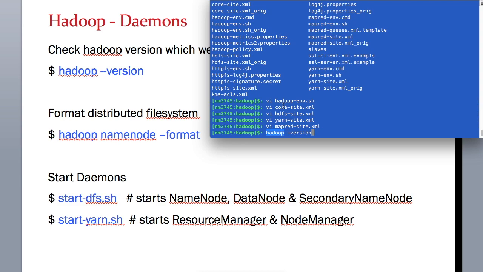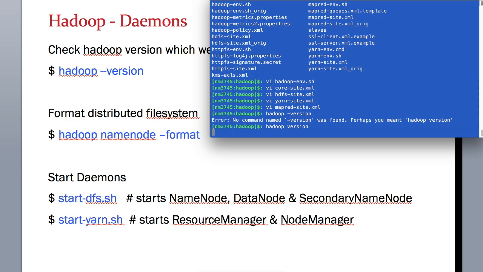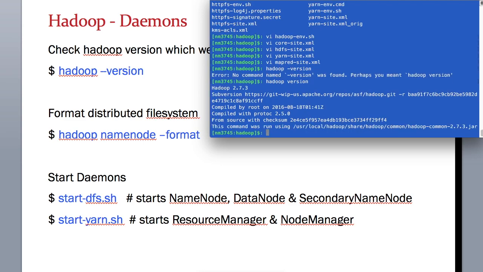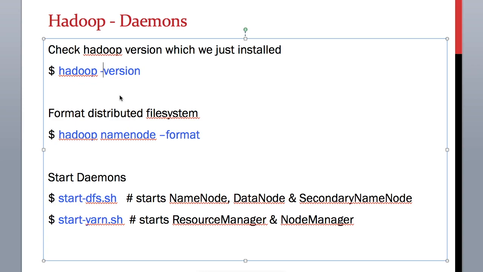So just type Hadoop minus version and it will give you, oops, I think it's just version. All right, so we can see it's version 2.7.3. This is what we installed. All right, let me change it here as well.